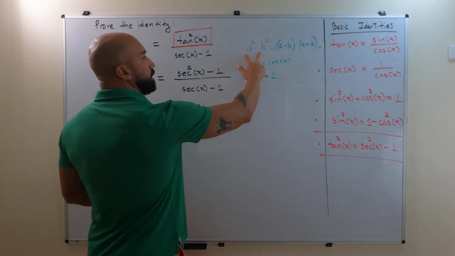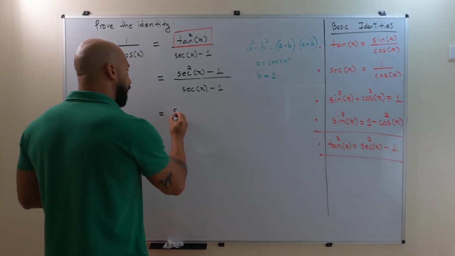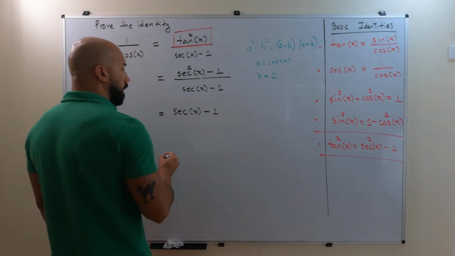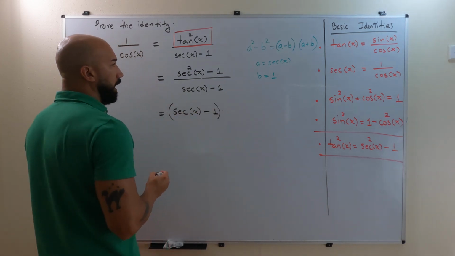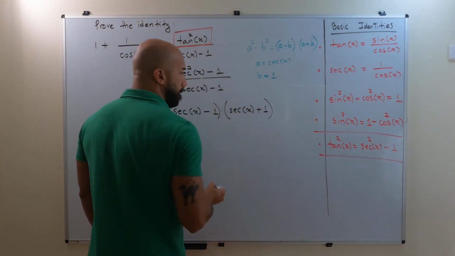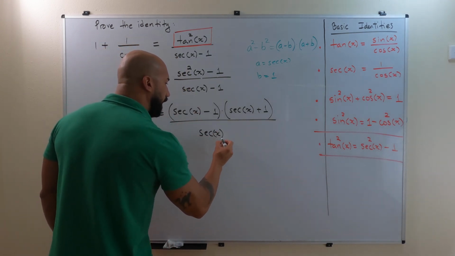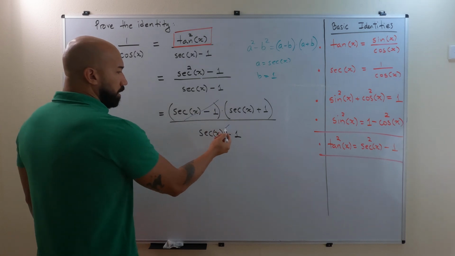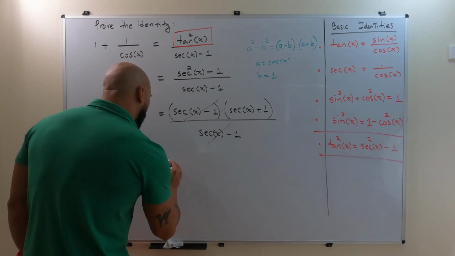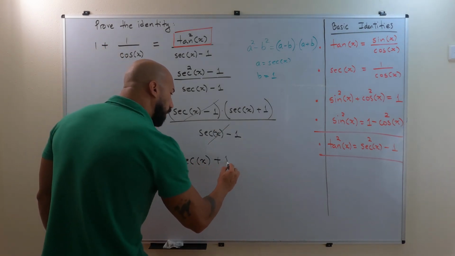So this difference of squares becomes secant of x minus 1 that multiplies secant of x plus 1. All this divided by secant of x minus 1. These two cancel with each other and all this becomes secant of x plus 1.